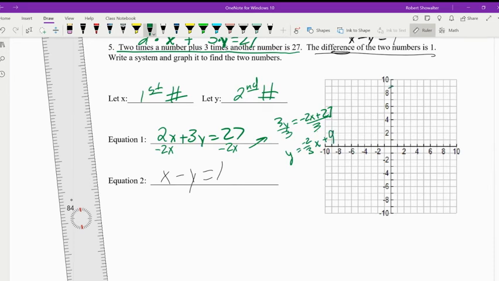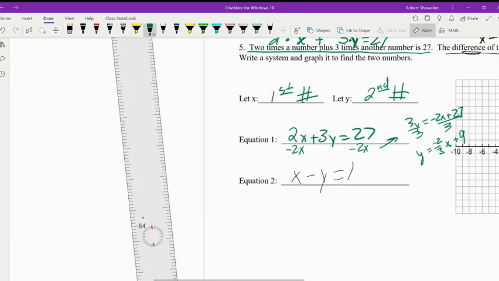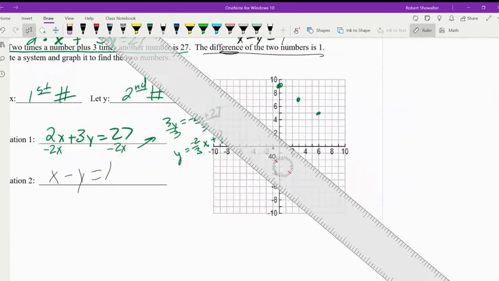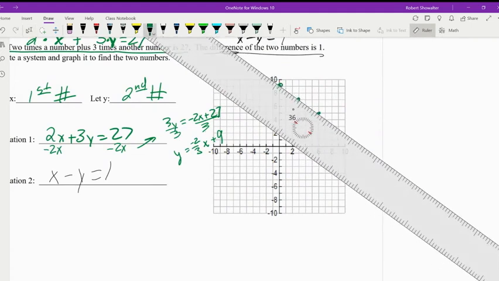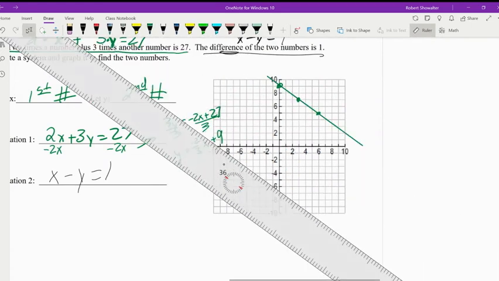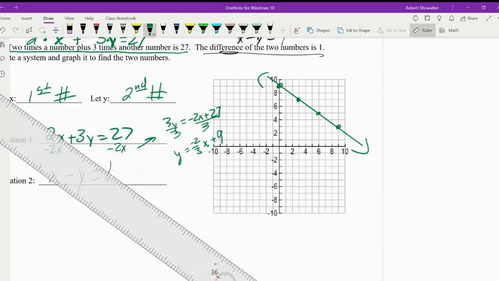We start at positive 9, then go down 2, right 3, down 2, right 3, and we're going to use our ruler to finish up the graph of that.